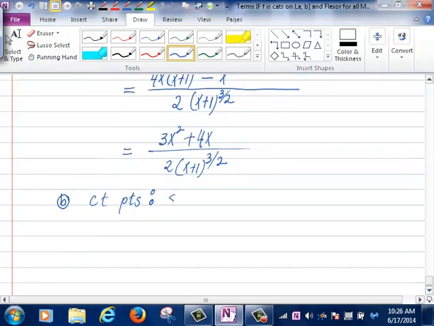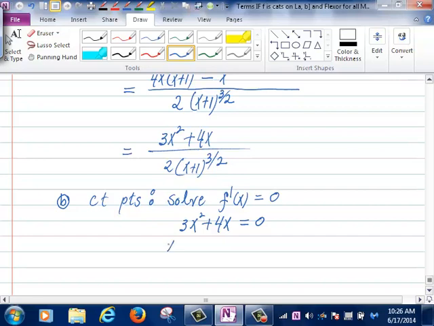I have to solve f prime of x equals 0 first. And what is f prime of x? It is this, right? So if the derivative is 0, then what should be 0 here? The numerator has to be 0. So I know that 3x squared plus 4x must be 0.